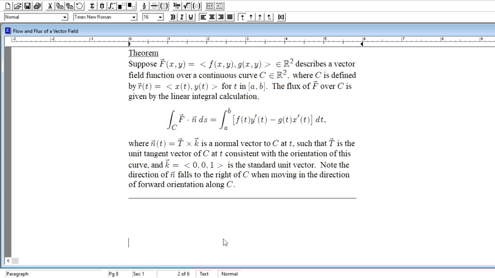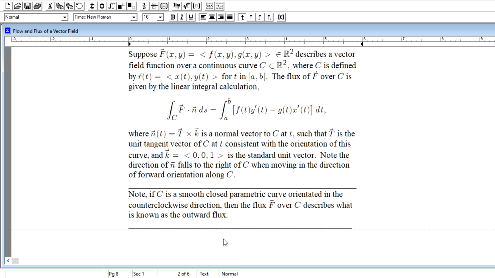Now, we do have an additional interpretation here that we can go a little further with. If C is a smooth closed parametric curve oriented in the counterclockwise direction, then the flux of the vector field over that curve C describes what we call the outward flux of F bar.